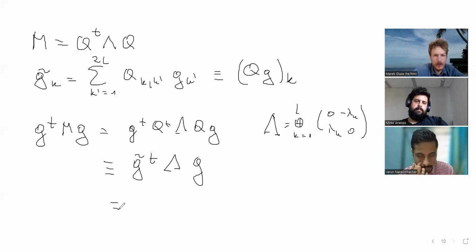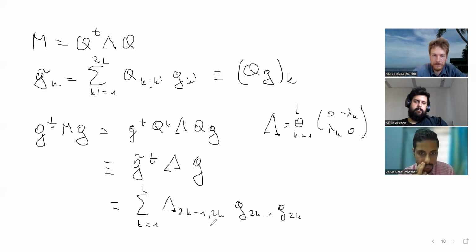Which means that this quadratic form expressed in those tilde generators is actually a simpler form, and that will be popping up later for quadratic Gaussian Hamiltonians. So when we go to Gaussian states of fermions, this will be popping out. But now the only non-trivial elements are 2k minus 1, 2k, g2k minus 1, g2k.